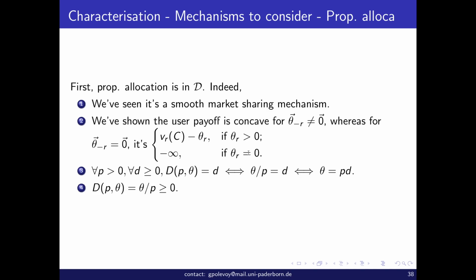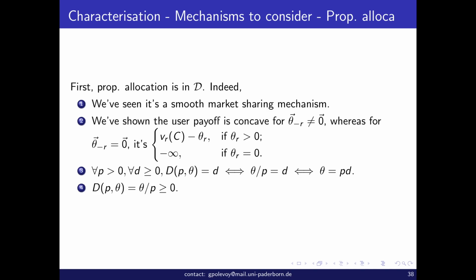Whereas if you bid zero, we just define that what you get is minus infinity. That was not how we defined it then, but it's still fine. It will still be concave.